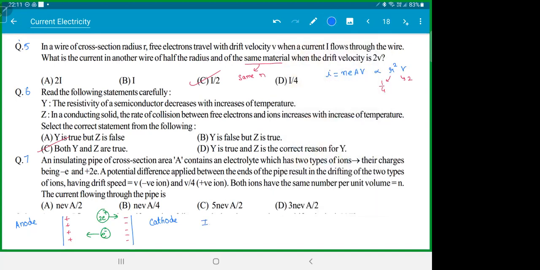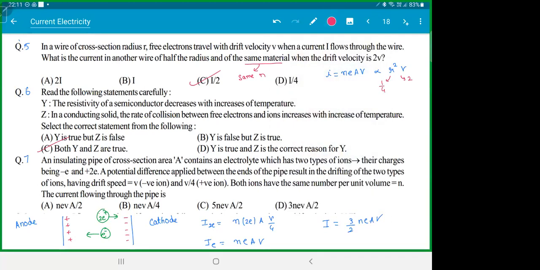So the current due to the 2e will be n is same, e and 2e, area, and the velocity is v by 4. I for e will be n e A v. If you add the total current, it will be 3 by 2 n e A v. D is the answer.